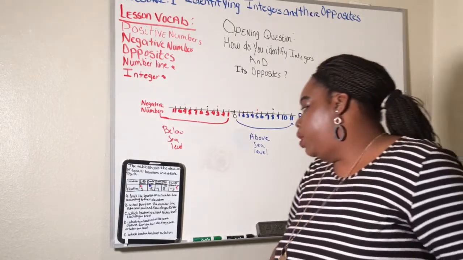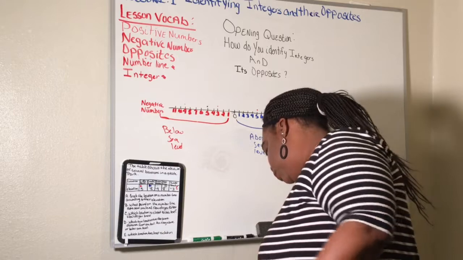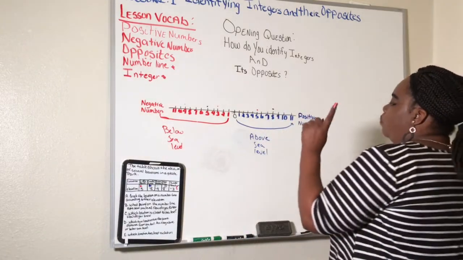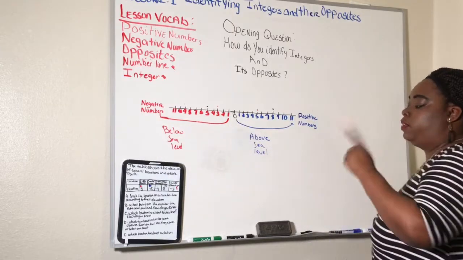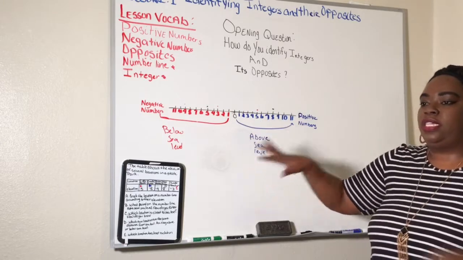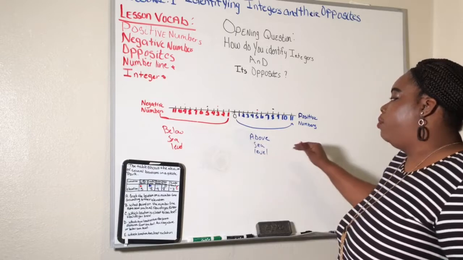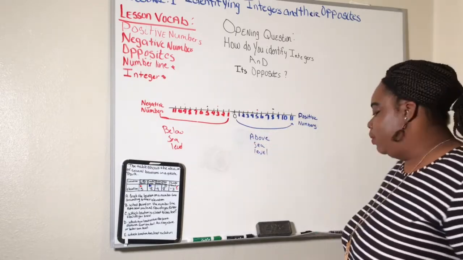What point on the number line represents sea level and how do you know? Okay, so if our red are below sea level and our blue are above sea level, what color on our number line will represent sea level? So it's not below and it's not above. It's just sea level.